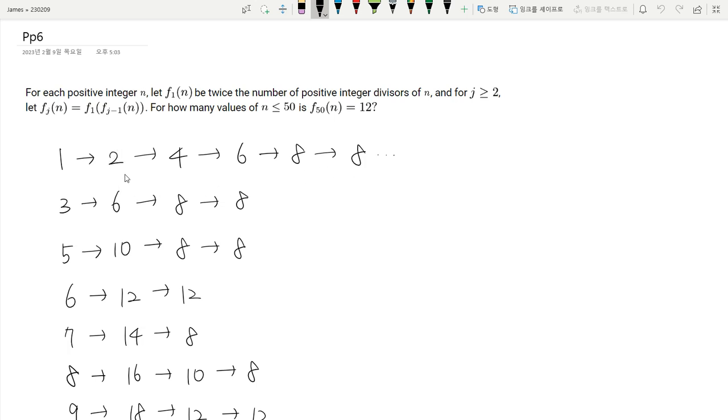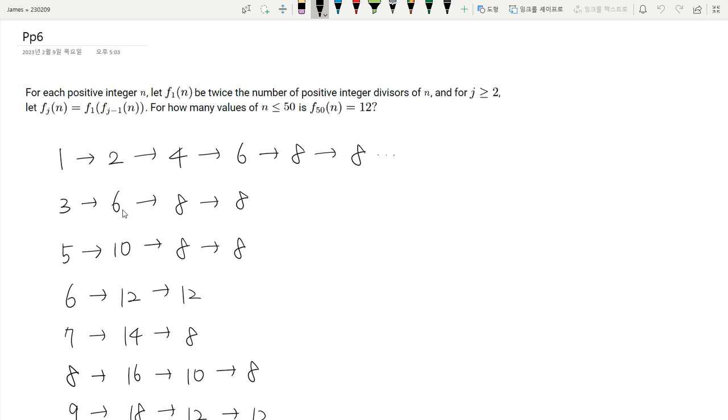So if a number has 2 factors, such a number is a prime. If it's a prime number, we start from number 2. I mean, 2 factors. So the application of the function makes 4, and it follows 2, 4, 6, 8. So once again it's a dead end, it cannot be 12. And if the number of factors is 3, multiply 2 to 3 makes 6, and 6 has 4 factors, so multiply 2 is 8.